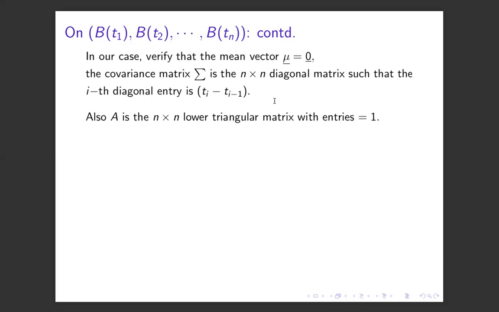And as we have mentioned earlier, the matrix A in this case is the n cross n lower triangular matrix with entries equal to 1, that is, the lower triangular part of that matrix is equal to 1.